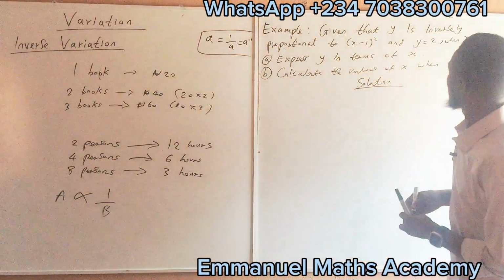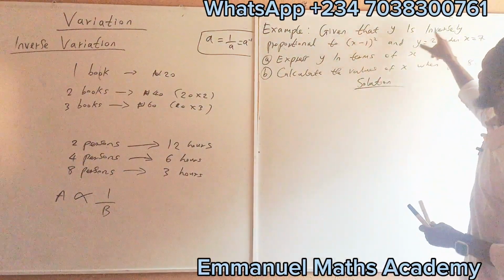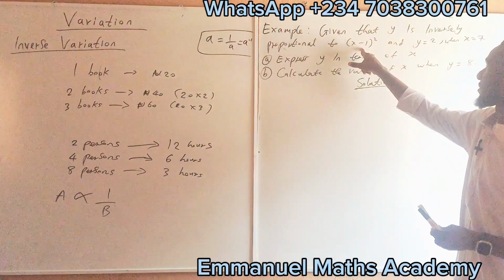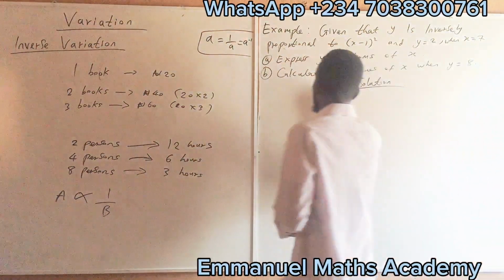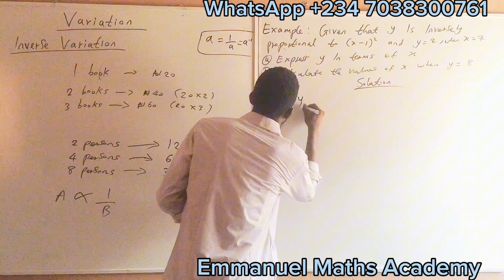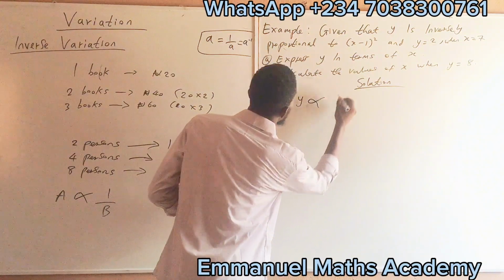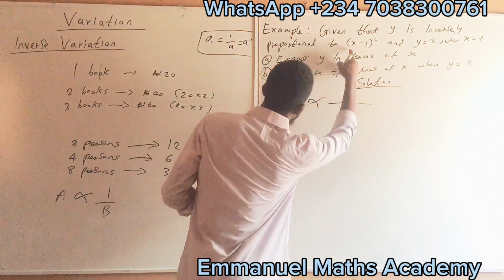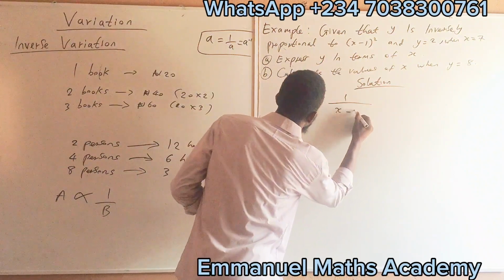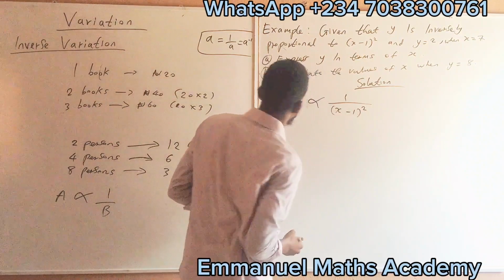The first statement says, given that y is inversely proportional to this, then it's expressed as y is inversely proportional to x minus 1 squared.